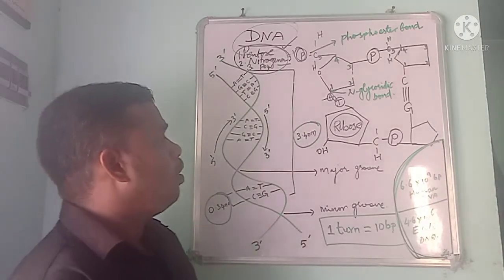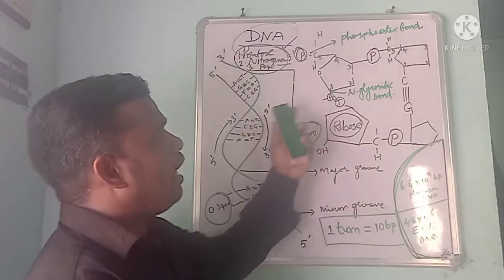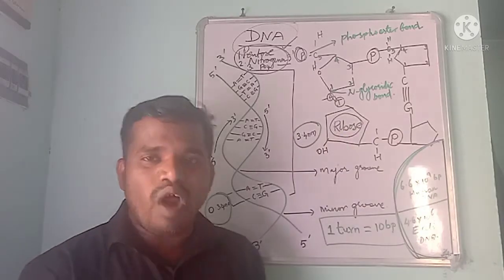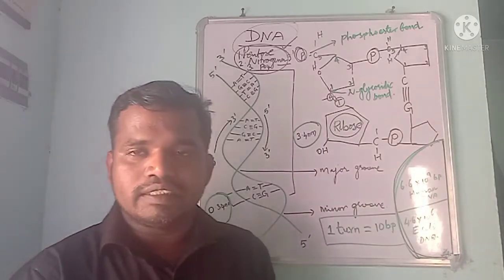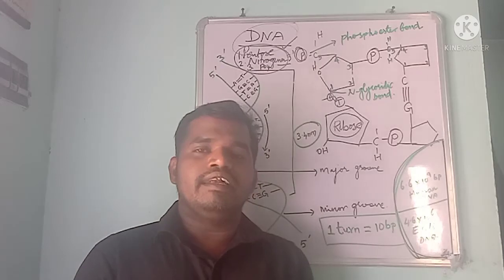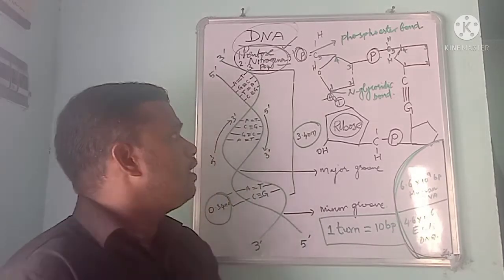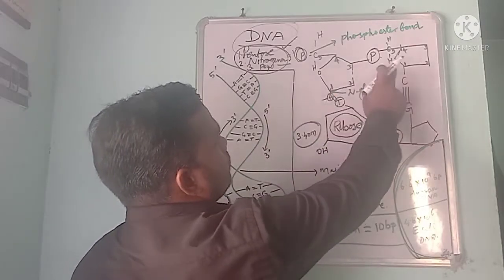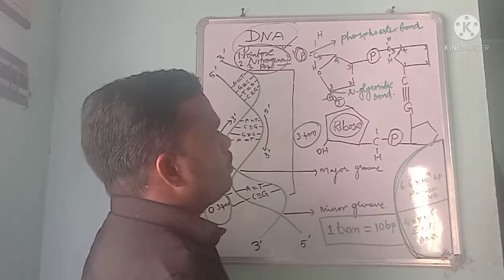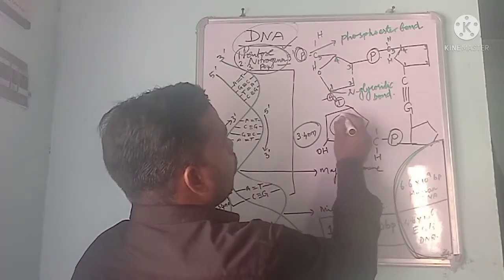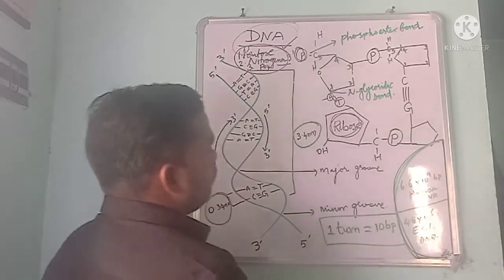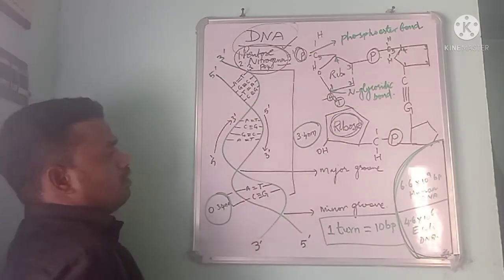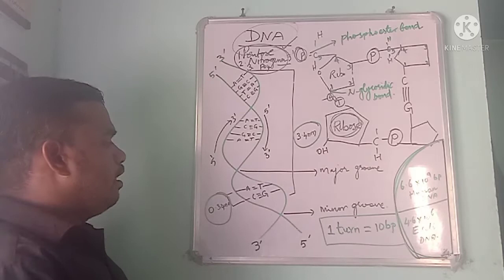Clear? That's good. I told you the DNA is nothing but a polymer of nucleotides. So let us see what is present in the nucleotide. Look at this, the double stranded DNA helix.